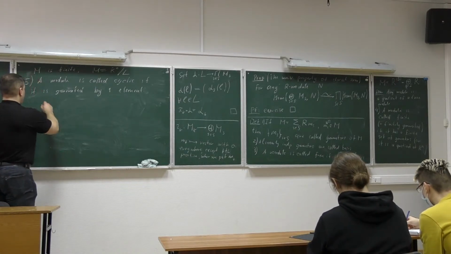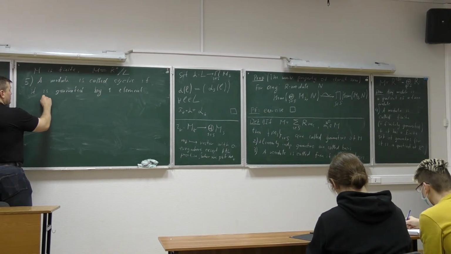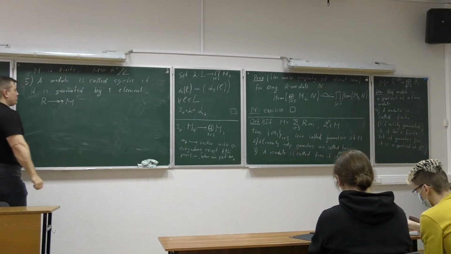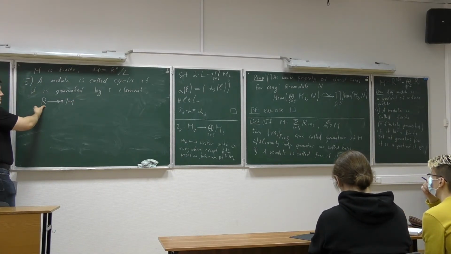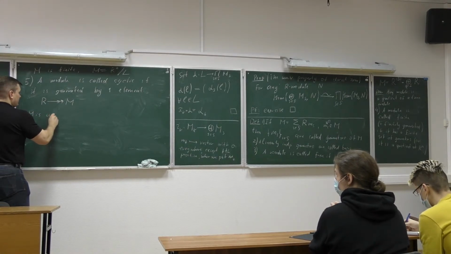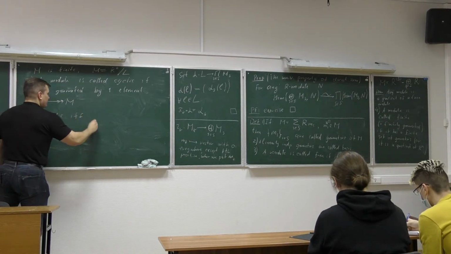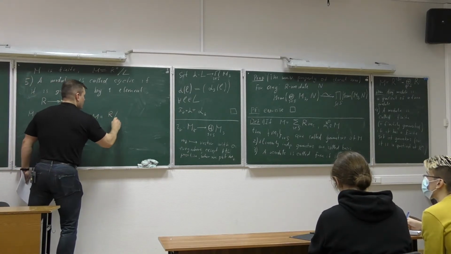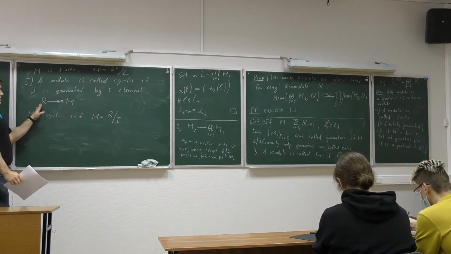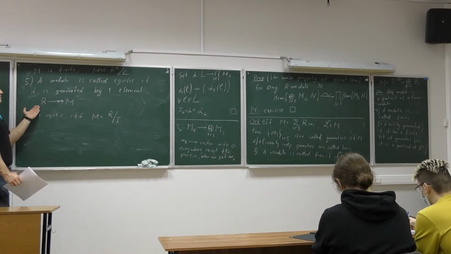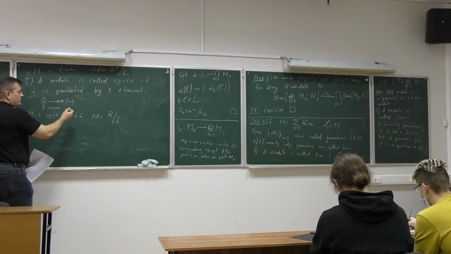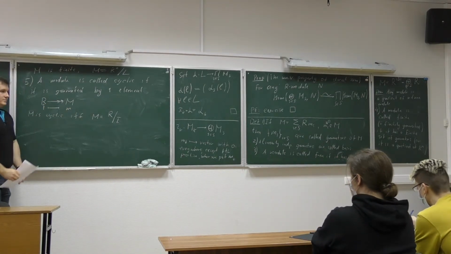So in other words, if it is generated by one element, you have a surjective map from the ring to your module. This map has some kernel, which is an ideal. So you can say that M is cyclic if and only if M is the quotient of the ring by some ideal, this ideal being just the kernel of the canonical map that sends 1 in the ring to the generator of the module.